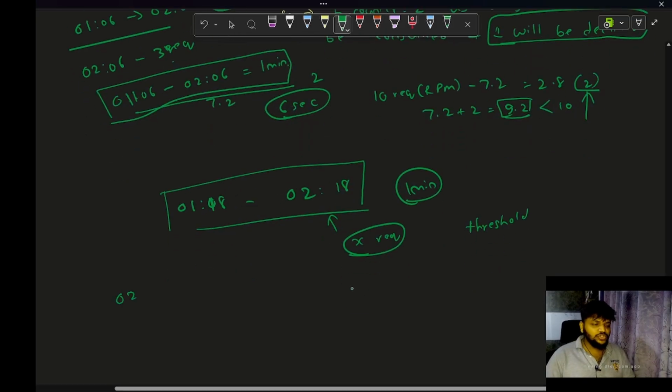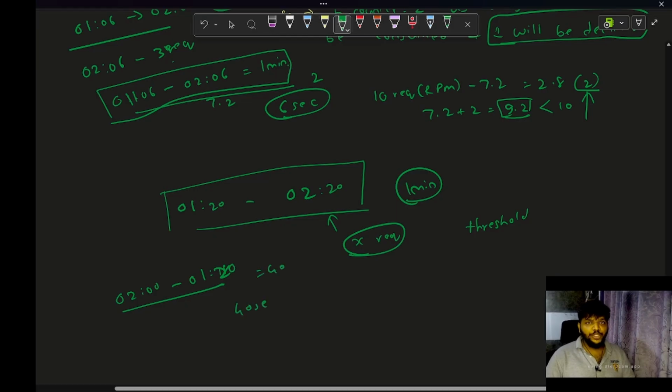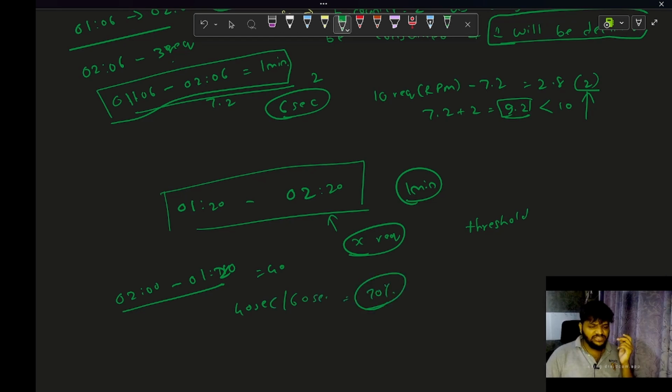So assume 0 to 00 to 0118. Let's avoid simplicity in calculation. Let's check this thing. 0120 to 0220. So now 0120, this is like 40 seconds. So 40 seconds out of 60 seconds of this particular window, that is 70% for an example.